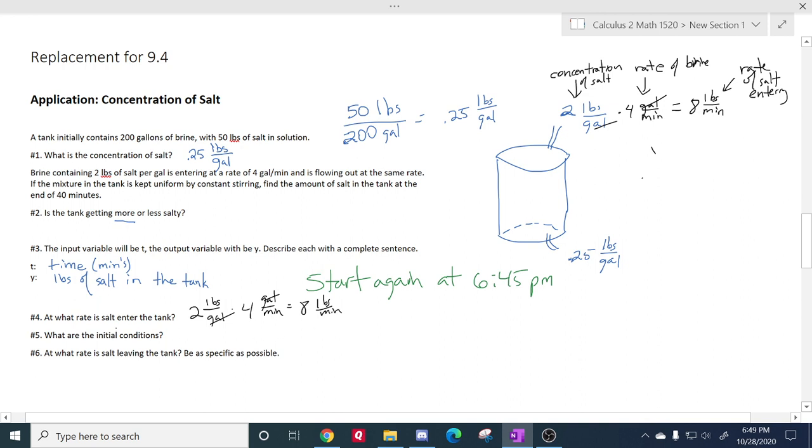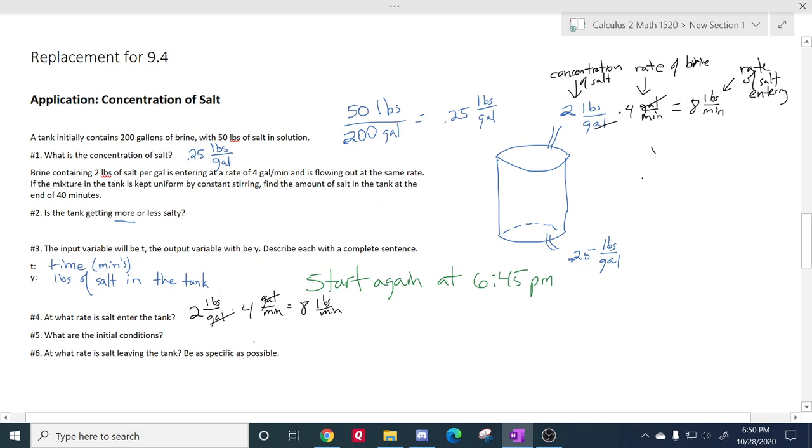Okay, same group. What are the initial conditions? I thought that it was 50 pounds of salt since it said that the tank initially contained 200 gallons of brine with 50 pounds of salt in the solution.